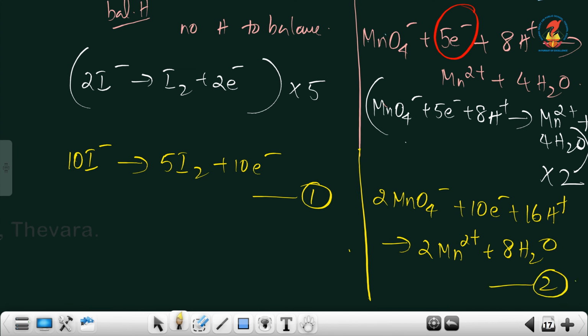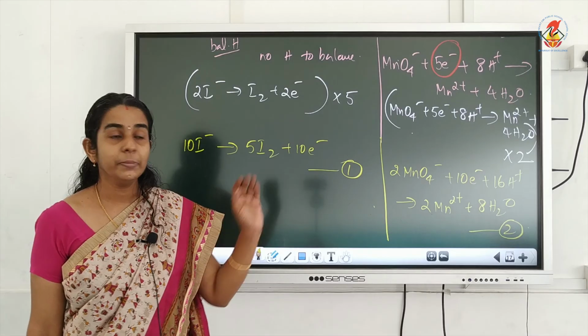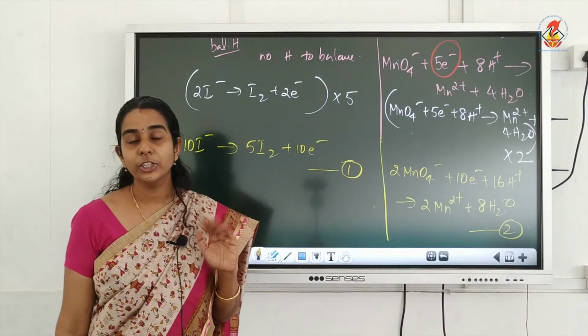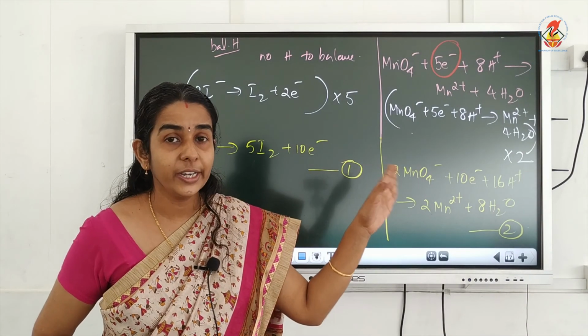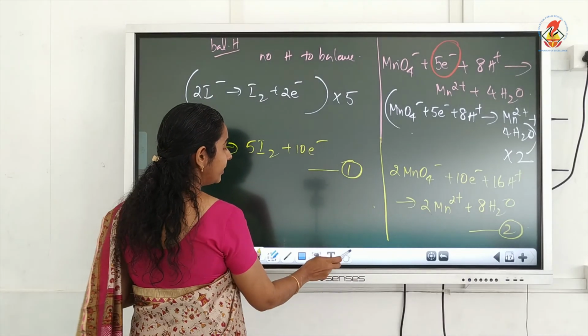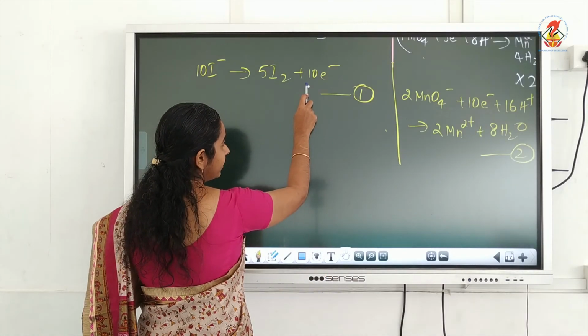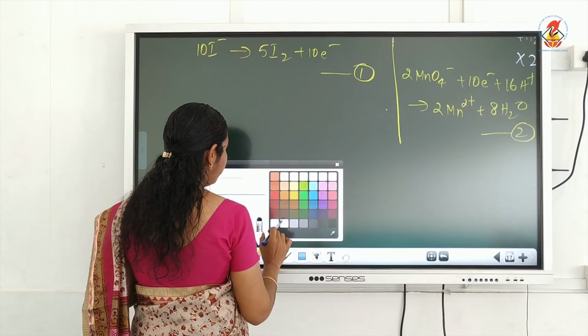This is our second half reaction. After making the number of electrons same in both half reactions, mark them as 1 and 2. Now write these 1 and 2 reactions as top and bottom.